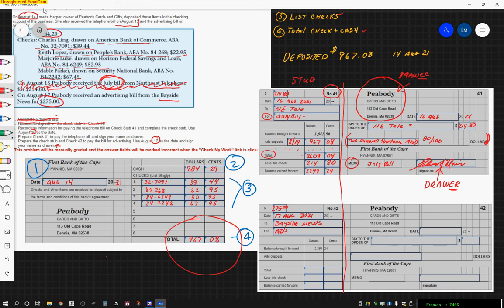Do we have any deposits that we have done since the last check? We're going to say no. Are there any other things involved? No. So you're going to just bring this brought forward amount. Now, it's not going to have this for you, but the brought forward amount is the balance carried forward right here. So this gets carried forward. It walks all the way over to the other side. I know it's kind of corny.